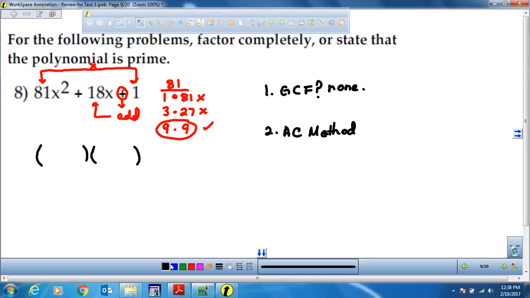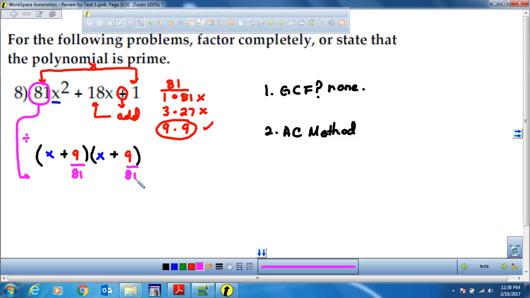So we're going to have the x squared, which we put into x and x. Then the 81 is going to be a 9 and a 9. In order for us to get positive 18, both of them must be positive. The last step of the AC method is that we need to divide both of these factors by the a, which in this case is 81.